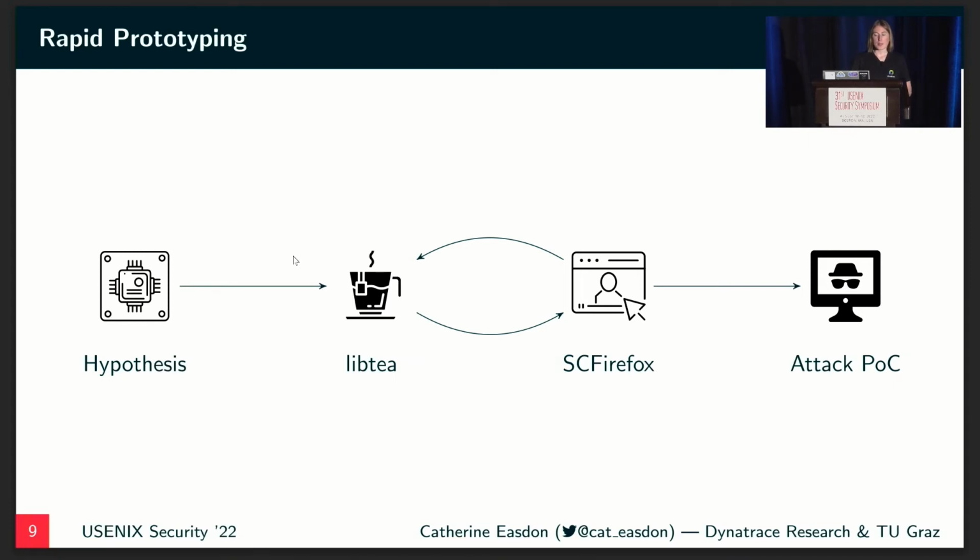And now we can start thinking about replacing each one of those building blocks, step by step. We might need to go back to libtea and iterate backwards and forwards because we might have some building blocks that have never been implemented in JavaScript before. So we need to do some experiments to understand how we can achieve that. And eventually we get our fully fledged attack proof of concept.